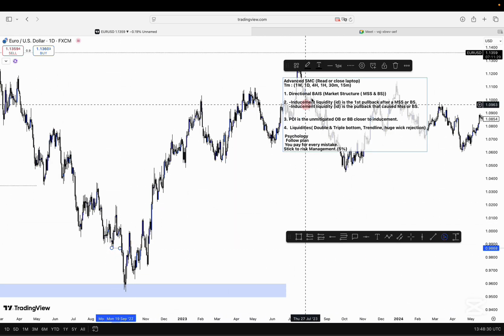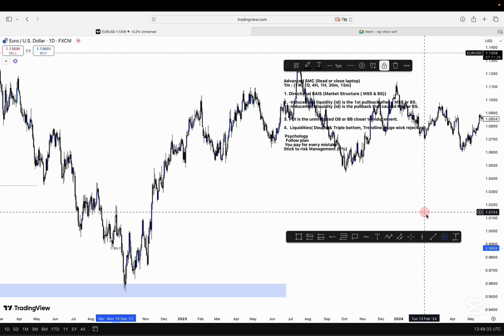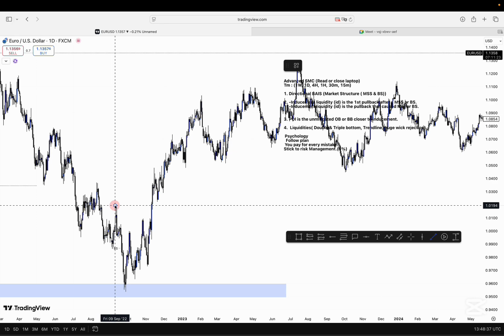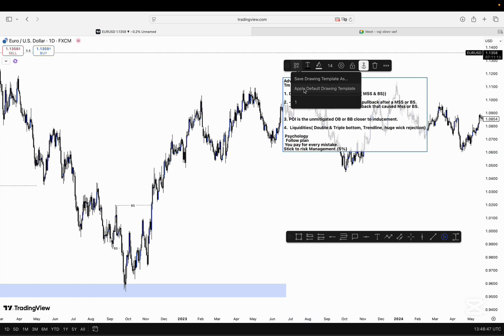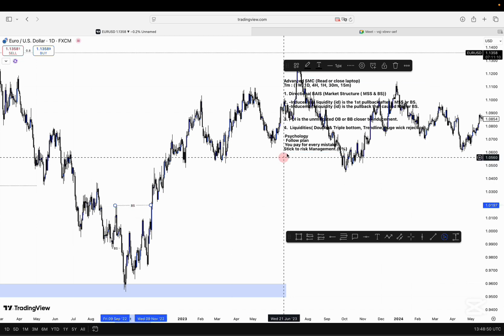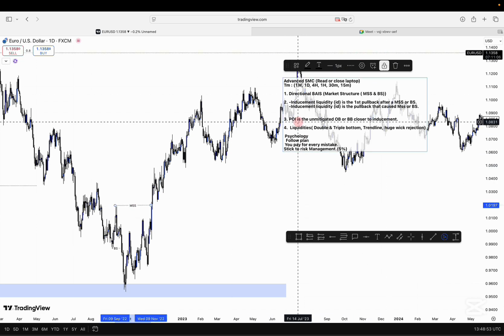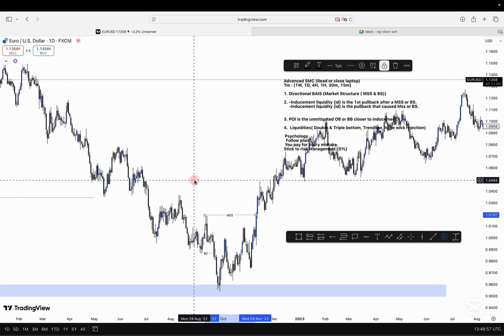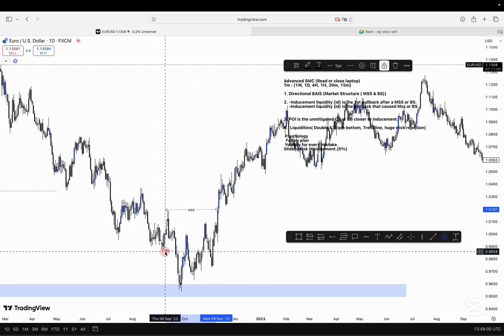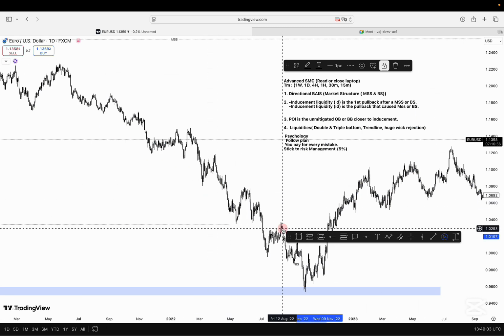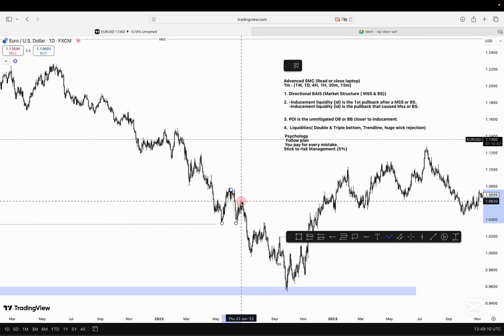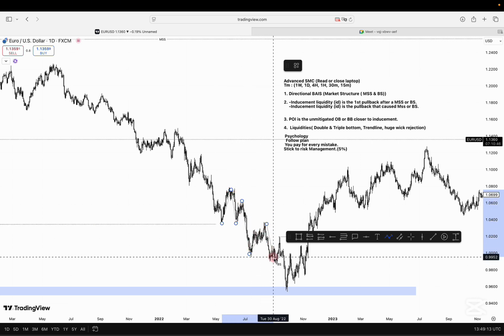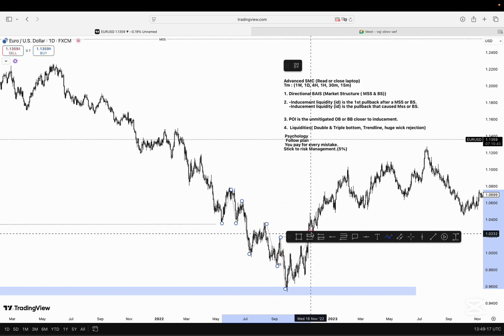We have a break of structure to the downside here, and a market structure shift or change of character here. This tells us that we have changed from bearish to bullish, because before, price was making lower high, lower low, lower high, lower low, and now we have a higher high.